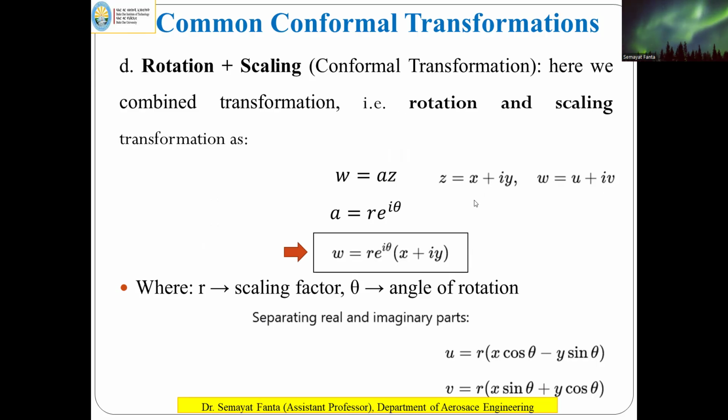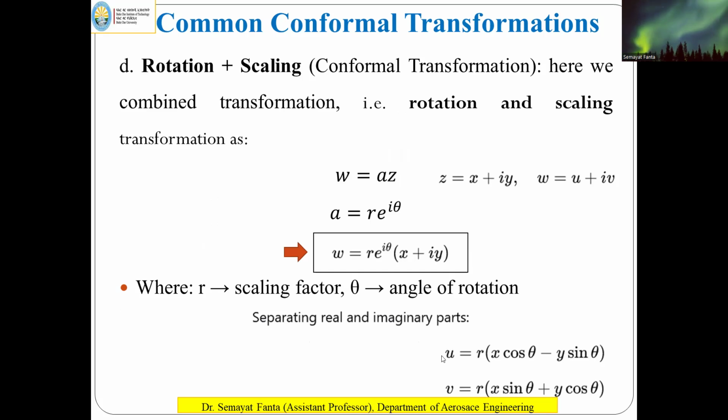When we combine all of them, w equals r times e raised to i theta times x plus iy. This gives us r, the scaling factor, and theta, the angle of rotation. After a certain arrangement, we can separate the real and imaginary parts.